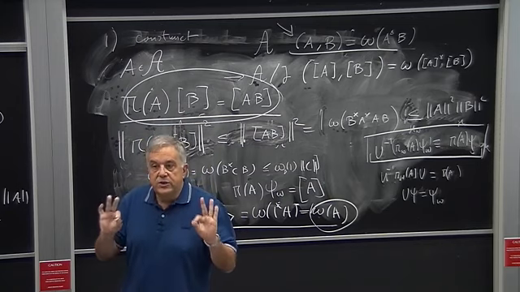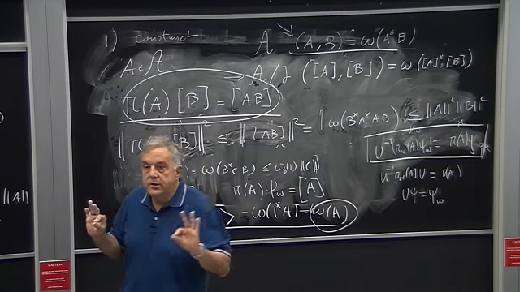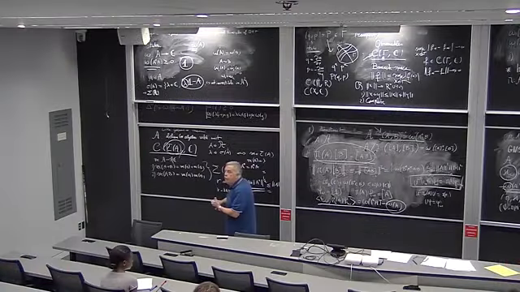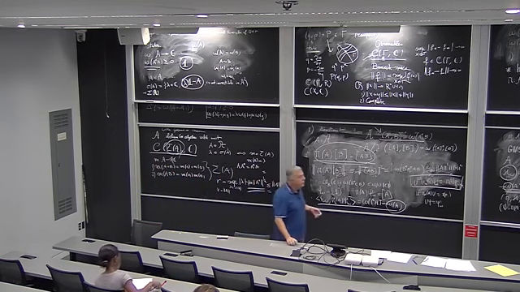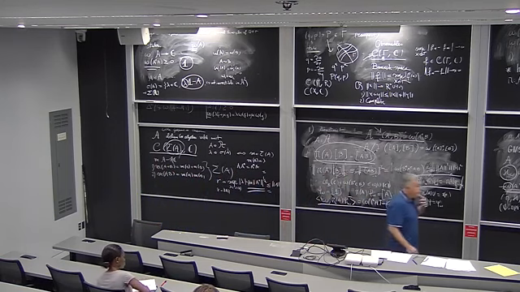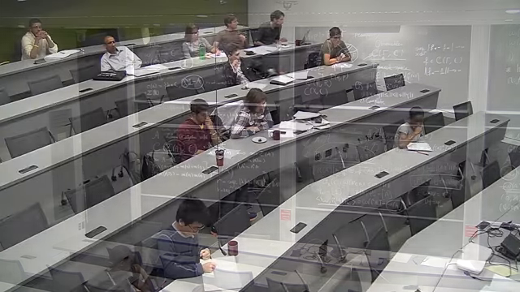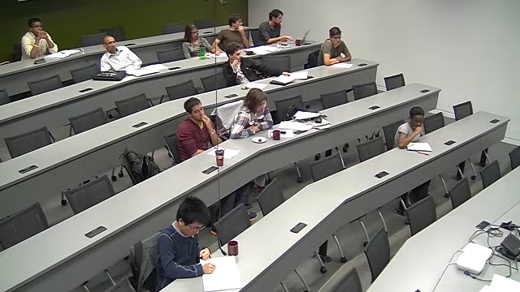So because of this unicity, we can prove the Stone-von Neumann theorem. Uniqueness of the Stone-von Neumann theorem comes from the fact, let me tell you the beginning of the story, and then the proof I will give you at the beginning of next lecture.